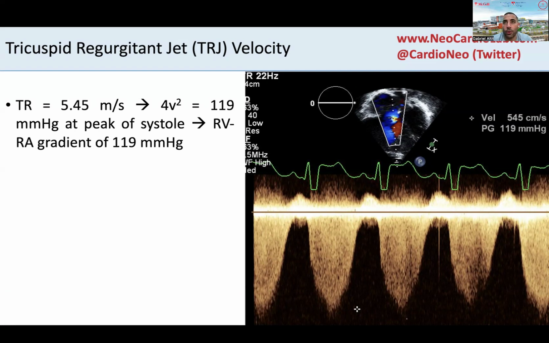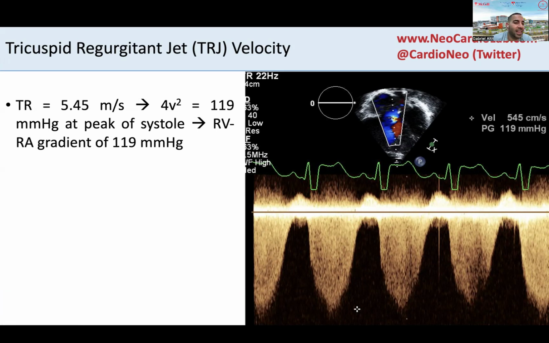Theoretically, your right ventricle will equalize pressure with your pulmonary artery at the peak of systole because the two structures are connected together. Knowing that, we can use the Bernoulli equation to translate the speed of this reflux into a pressure gradient.